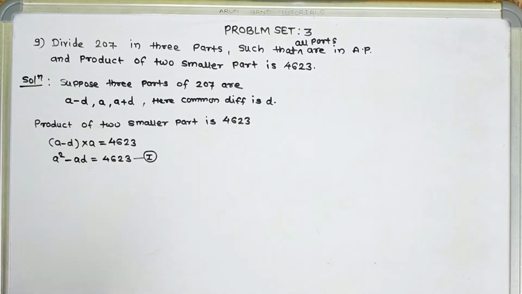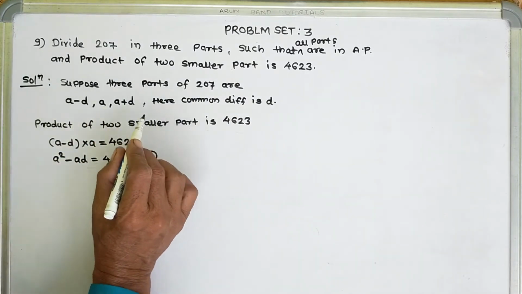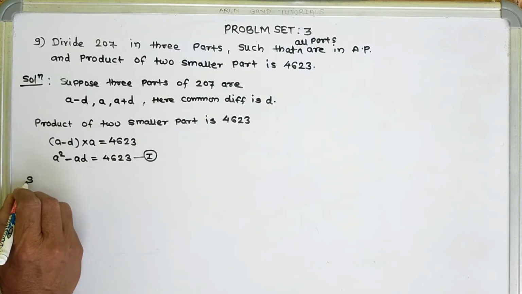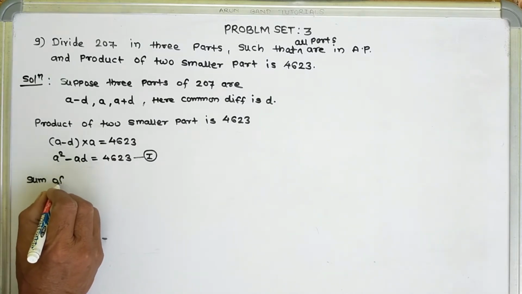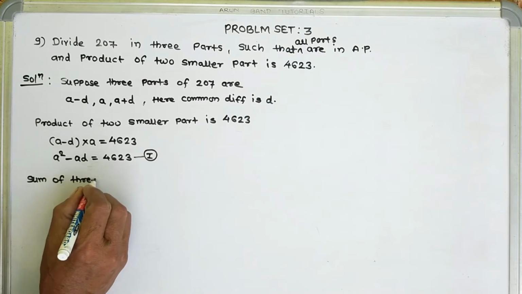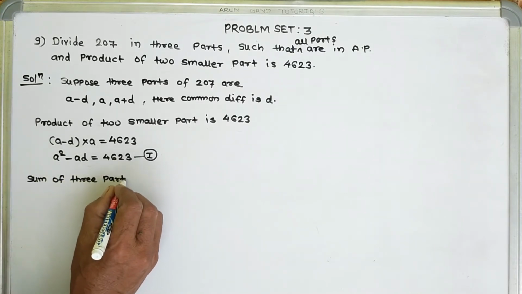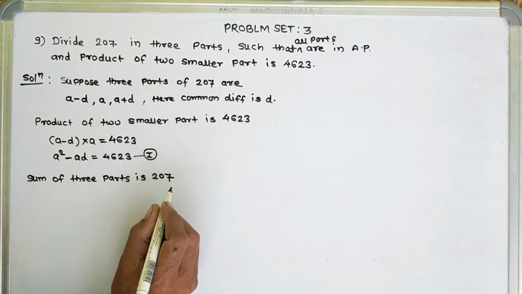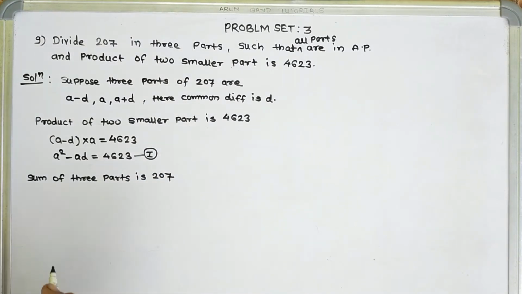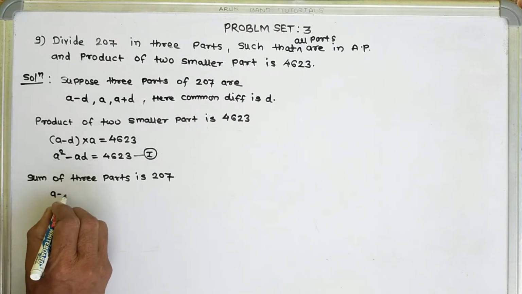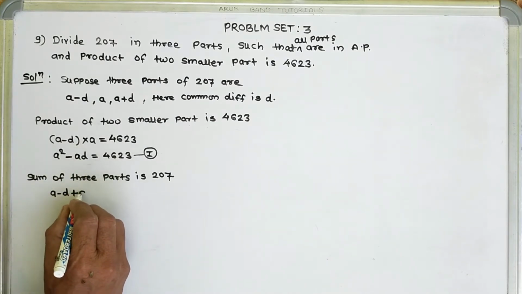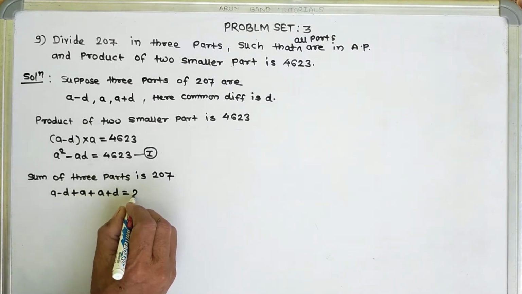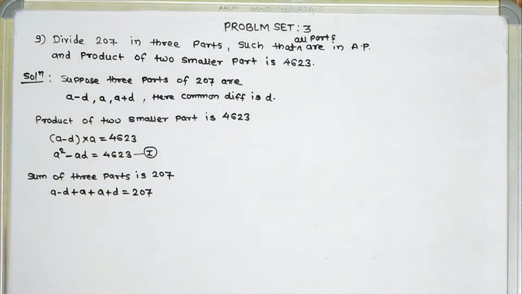Now sum of these 3 parts is 207. So now take the sum of 3 parts, that is a minus d plus a plus a plus d equal to 207.